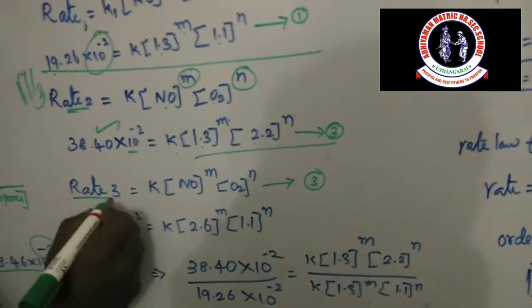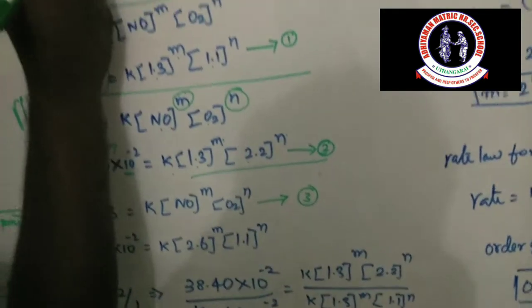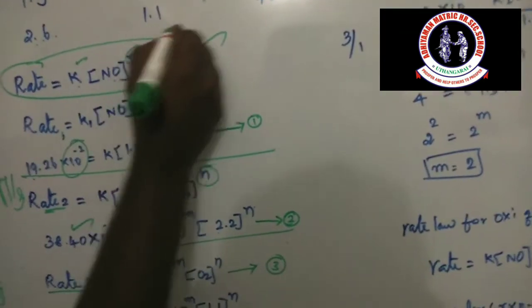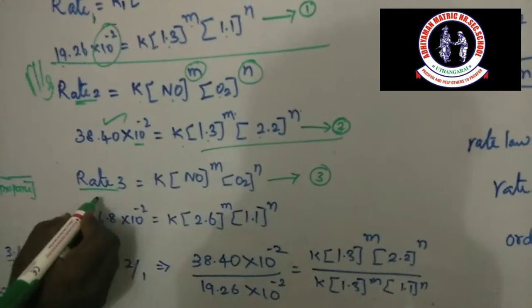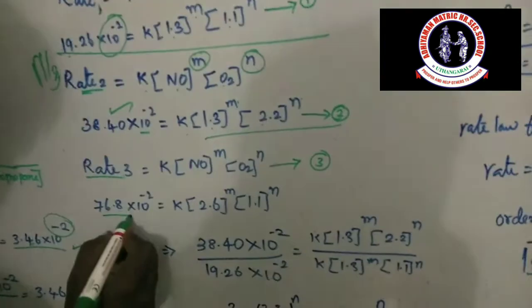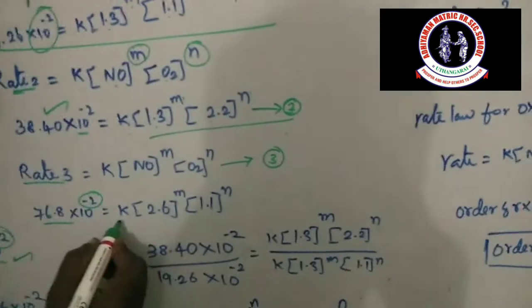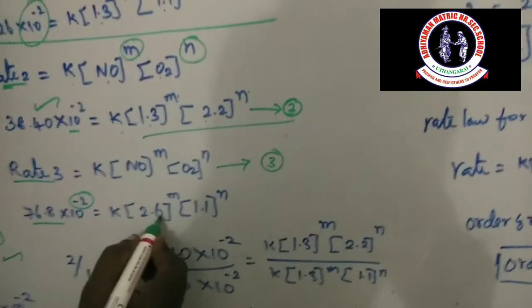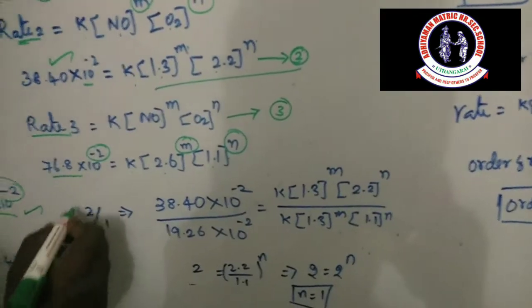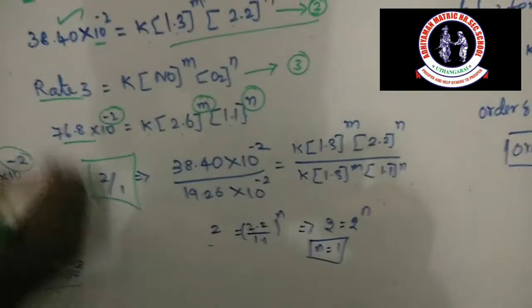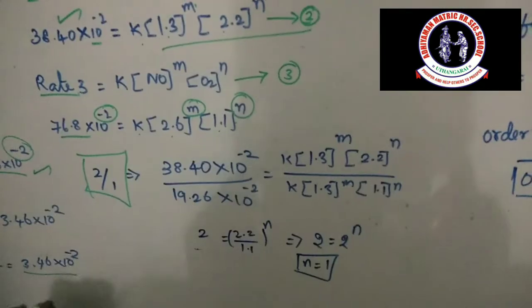Similarly, equation number 3 is given with 2.6 and 1.1, 76.80: 76.8 into 10 to the power of minus 2 is K into 2.6 power M and 1.1 power N. We calculate the order of the reaction from this data.